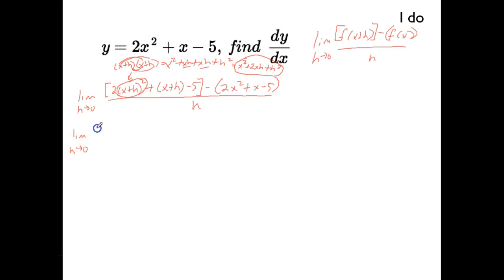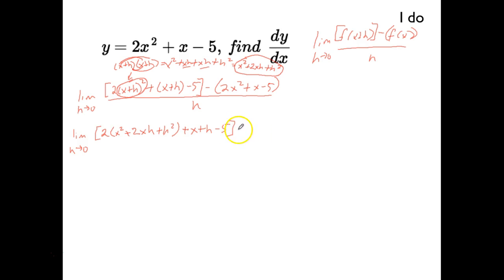So I'm going to rewrite that in there. So brackets 2, and then replacing this right here: x squared plus 2xh plus h squared, plus, I'll distribute this positive, which doesn't change anything, x plus h minus 5.